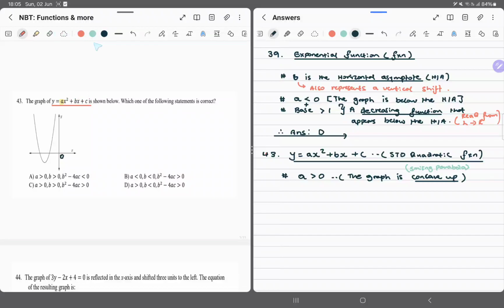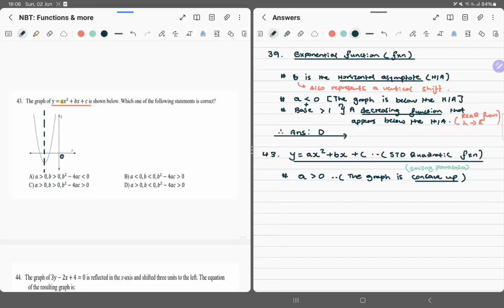Say, what about the coefficient of x, which is b there? B often is associated with the axis of symmetry. Often the axis of symmetry is essentially right at the x coordinate of the turning point. And we can see this is on the negative x-axis.